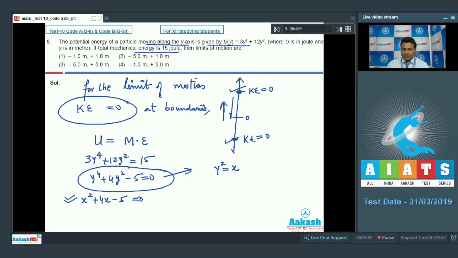This equation can be solved using the Sridharacharya method, and what we will get is x equals minus b, that is minus of 4, plus minus under root b square, 16, minus 4 into a into c, that is minus 5, divided by 2 times a, where a is 1 given.